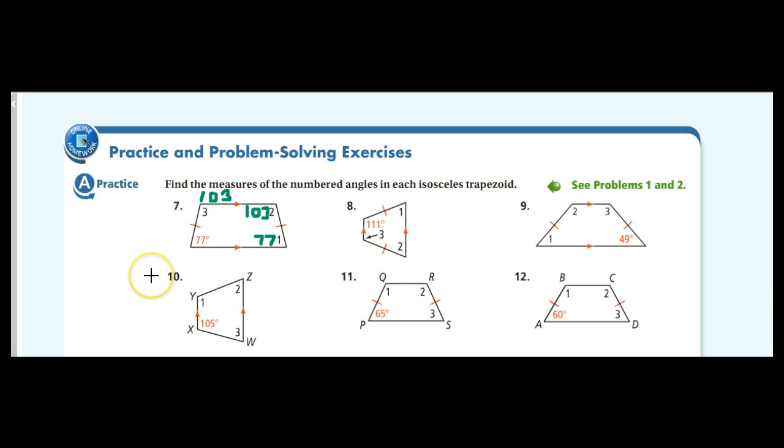So if you don't want to know the rest of the answers, you can pause it right now. Meanwhile, I'm just going to go ahead and continue on. Number 8, angle 1 is 69 degrees. Angle 2 is also 69, and angle 3 is 111.